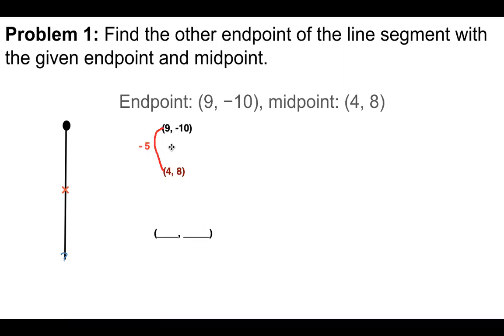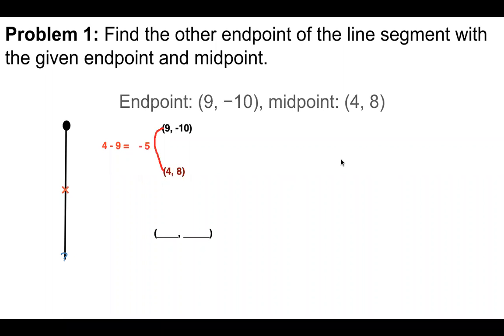If you can't figure out what that bridge is though, one thing you can do is subtract going the opposite way. So if I start with 4, I can do 4 minus 9, and that gives me that -5 that I wanted. So let's try that on the other side.